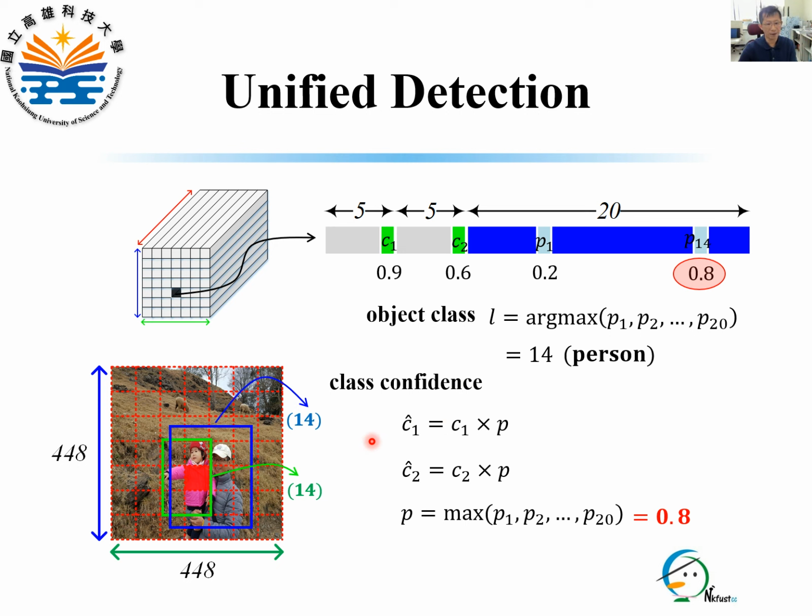The class confidences are the object confidences C1, C2, respectively times 0.8, and result in 0.72 and 0.48. In this way, YOLO v1 totally predicts 98 object bounding boxes associated with the object classes and the class confidences.